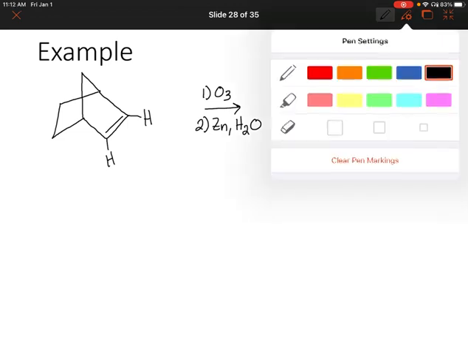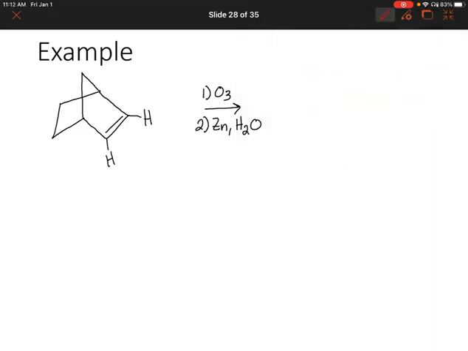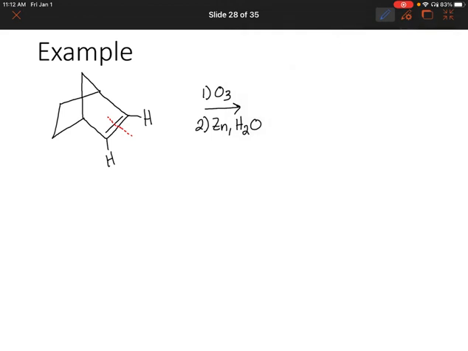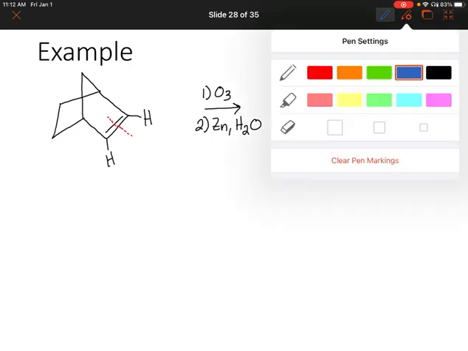Okay, so let's cut our double bond in half. And I'm also going to number the ring that's on the left-hand side just to keep track of my carbon atoms. Because remember, there are 2 rings here.